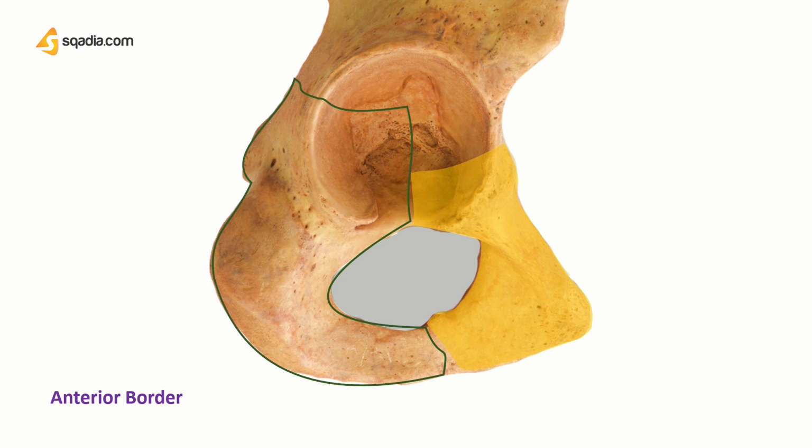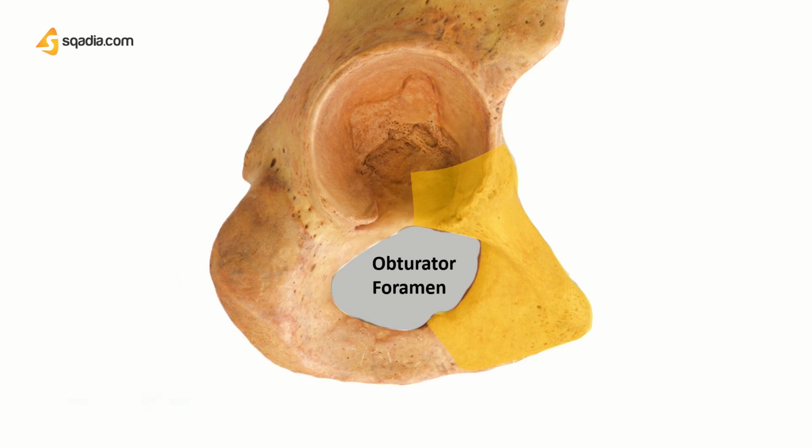So we have three borders to the ischium: the anterior one, the posterior one, and the lateral one. I'll be detailing these borders now. The anterior border forms the posterior margin of the obturator foramen, and the posterior one is in continuity with the posterior border of the ilium.